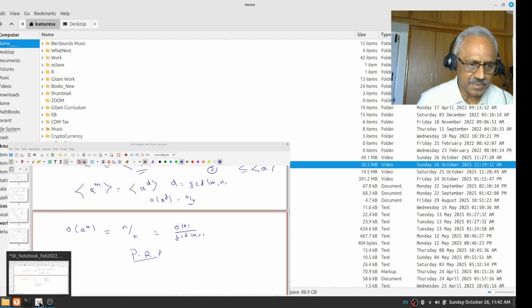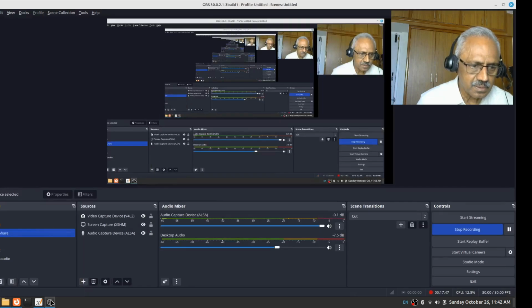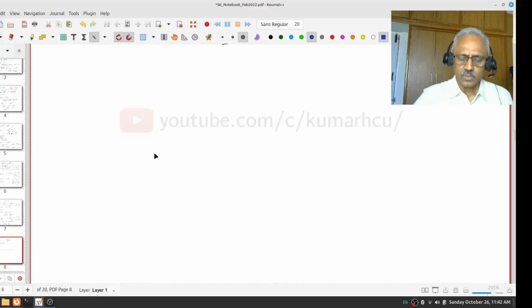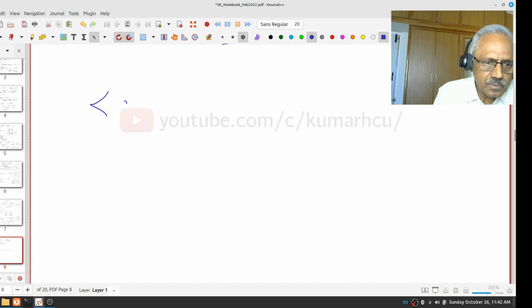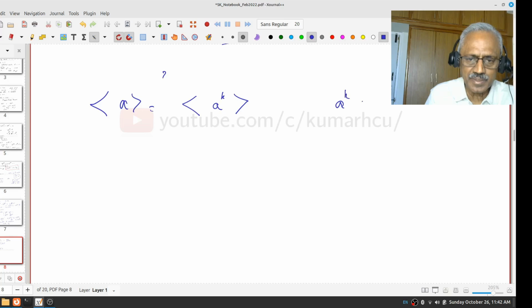In particular, suppose I may want to know when this is equal to a to the power k. Remember, a to the power k is here for any integer k. In particular, let us say k is a natural number.